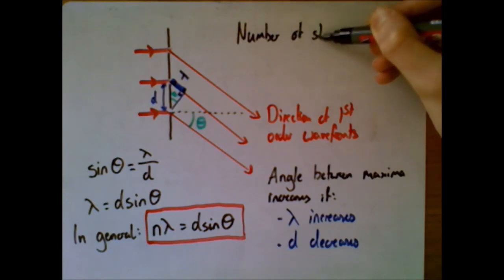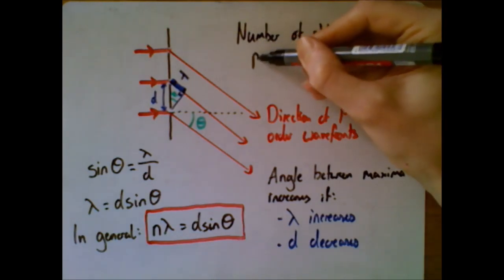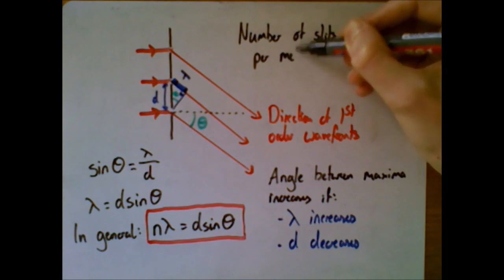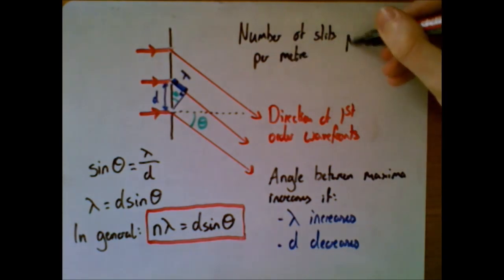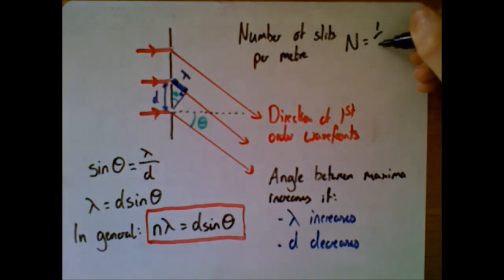So just in terms of converting that, number of slits per metre, or N, capital N, is 1 over d, if d is in metres. That shouldn't really be a surprise to you. To find out the number of slits per metre, you do 1 divided by the distance between two adjacent slits.